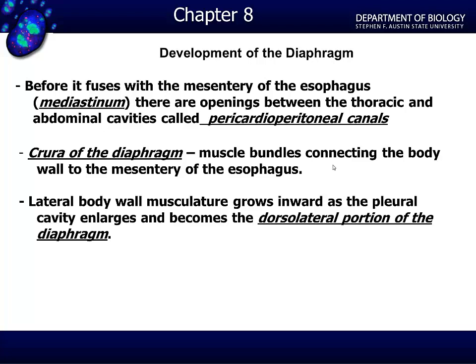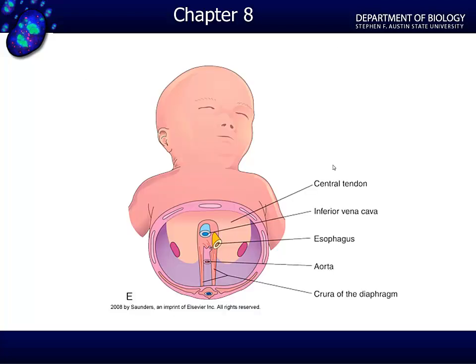And so that's happening in the dorsolateral portion of the diaphragm. Here we can see those muscular bundles tying in from the dorsal body wall musculature, tying into that dorsal mesentery of the esophagus, forming these two bands, or the crura of the diaphragm.